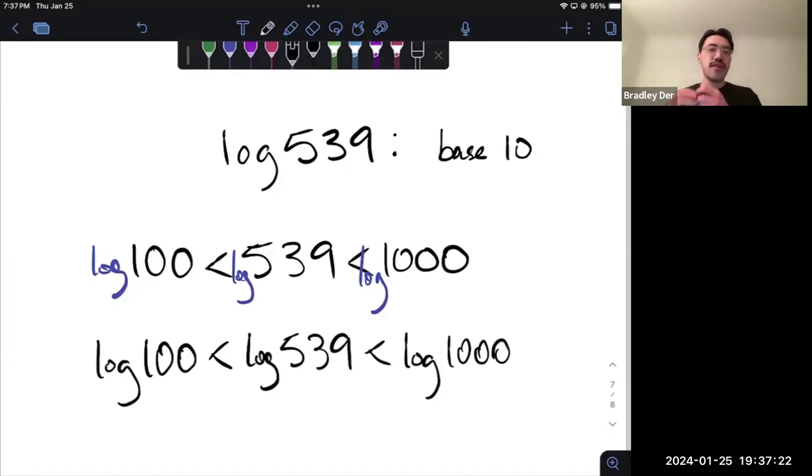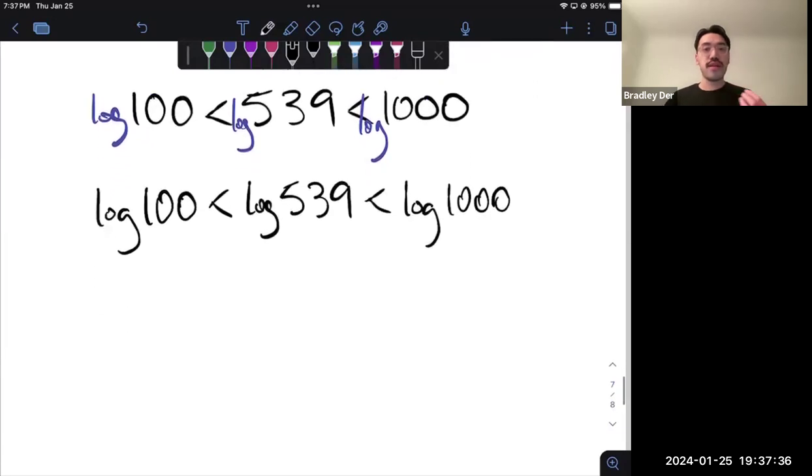That's true because real numbers are always increasing as you move through them, and a logarithm's output is also always increasing as you increase the input. So this inequality holds when we take the log of all those quantities.